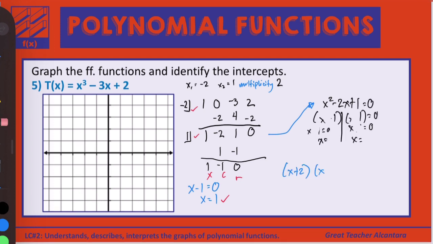The factors are x minus 1 and x minus 1. Okay, my bad. So to continue, this is x minus 1 and another x minus 1 here. Or if you want to, since there's a multiplicity of 2, you can write it as the quantity x plus 2 times the quantity x minus 1 raised to 2.